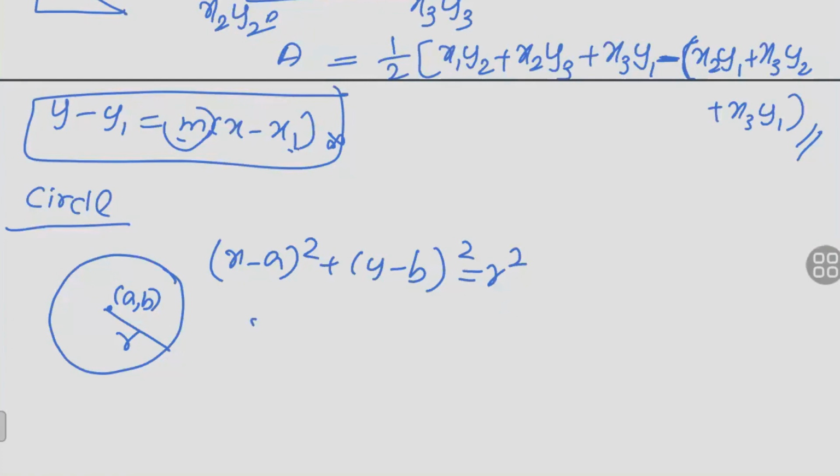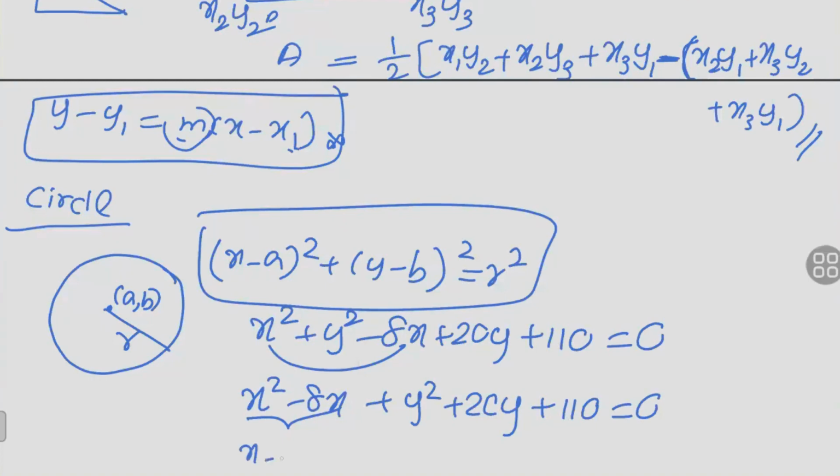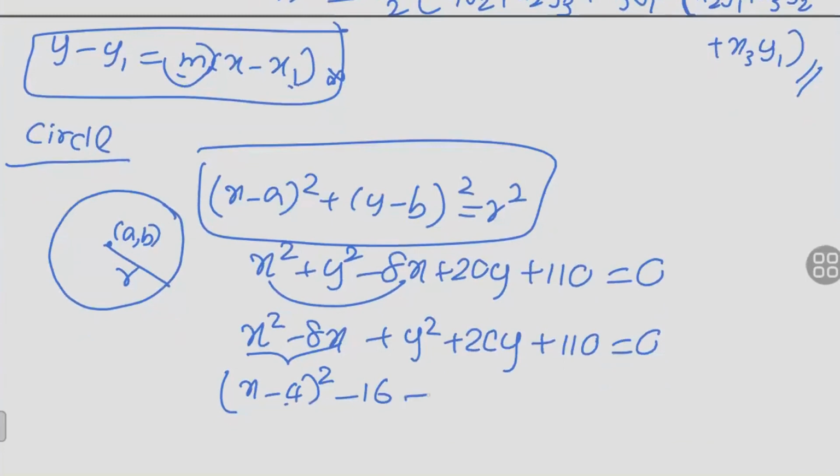Now let's say they have given the normal equation x squared plus y squared minus 8x plus 20y plus 110 equals 0. You have to make it into this pattern: x squared minus 8x, y squared plus 20y, plus 110 equals 0. Then this is the completing the square method: x minus 4 squared minus 16, and the other one, y plus 10 squared minus 100, plus 110 equals 0.